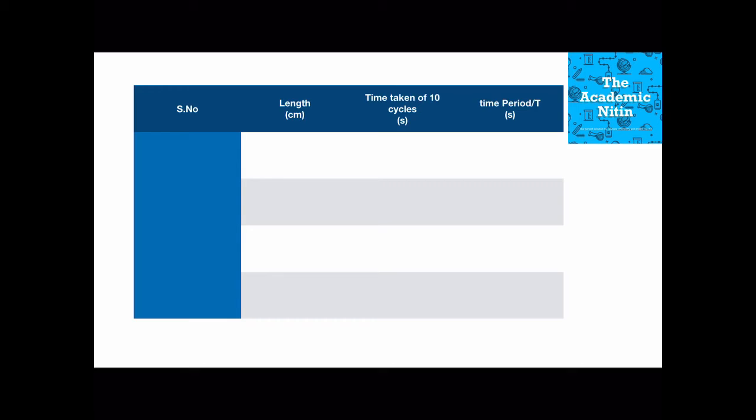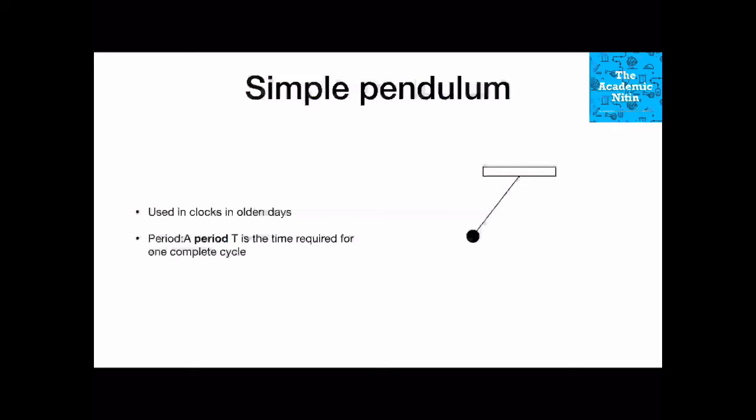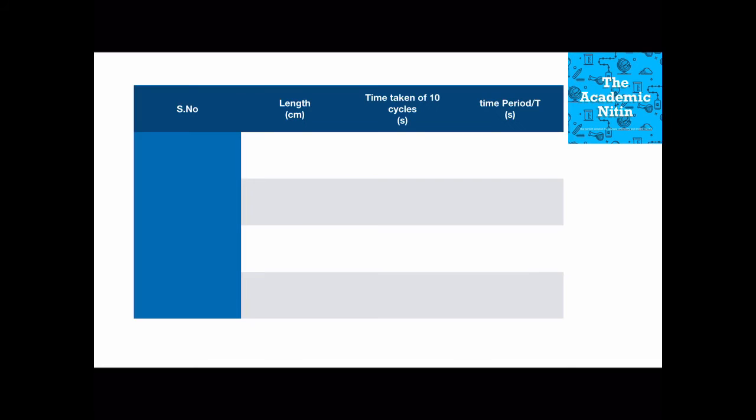As you have seen in the image, just tie a simple pendulum to a hook and measure the length of the rope, then start to oscillate it and measure the time taken for 10 oscillations using a stop clock. And what you must do is divide by 10 the value which you got for the time taken for 10 oscillations. Divide by 10.